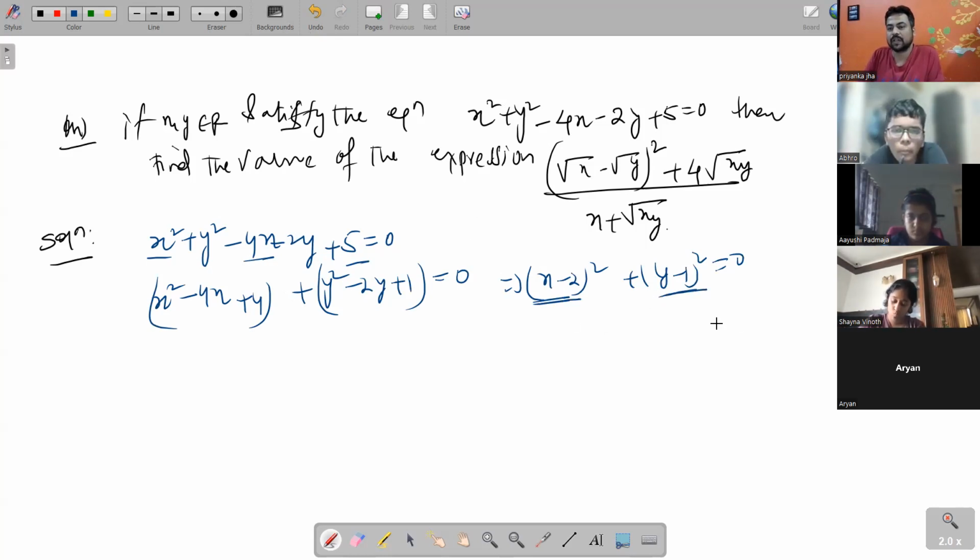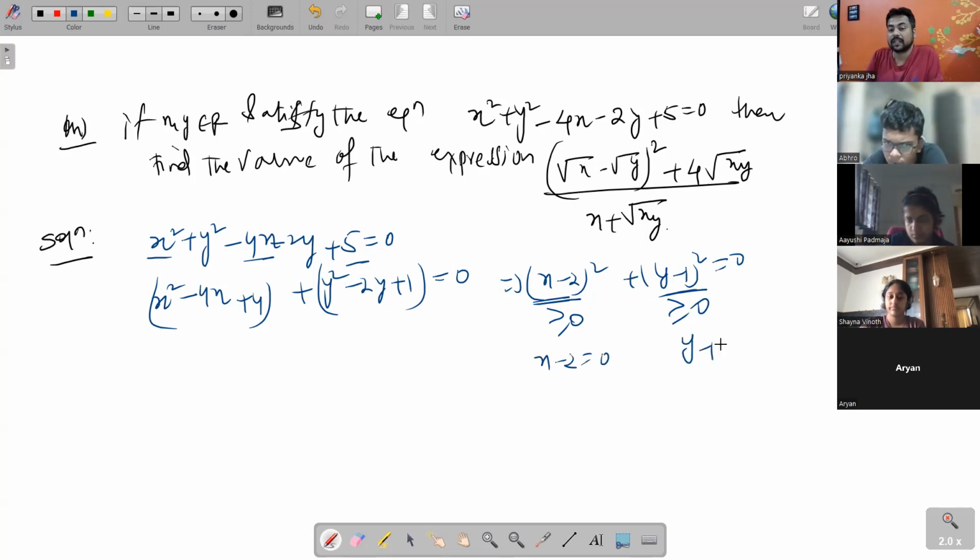This is a square of something, and this is also a square of something. So a square of anything can never be negative. A square of anything can be either 0 or more than 0. So this can be greater than or equal to 0, and this can also be greater than or equal to 0. The sum of these two positive terms will be 0. It means that these two have to be individually 0.